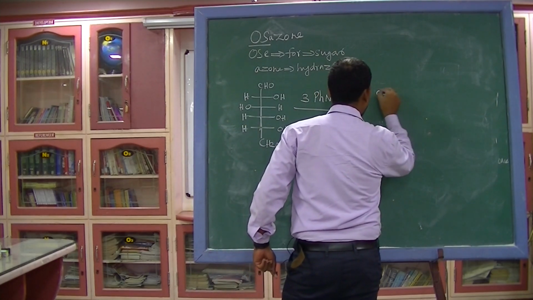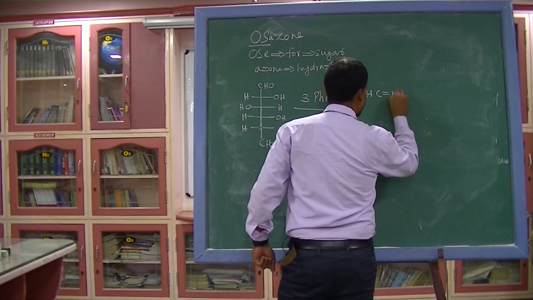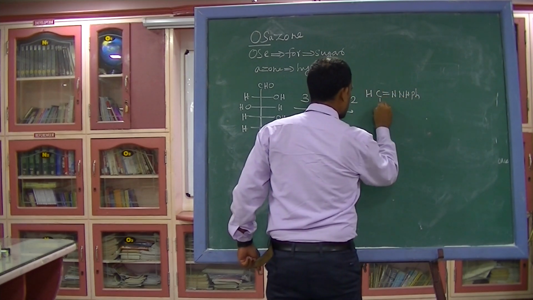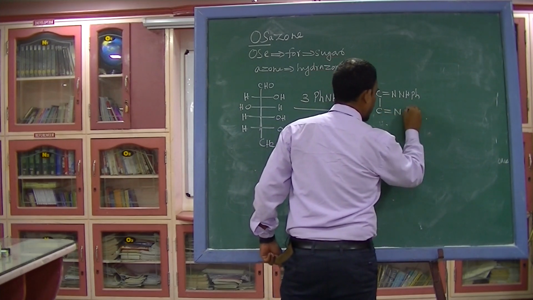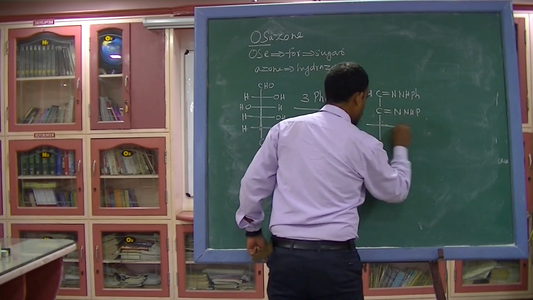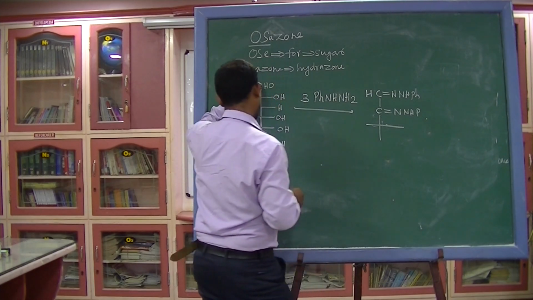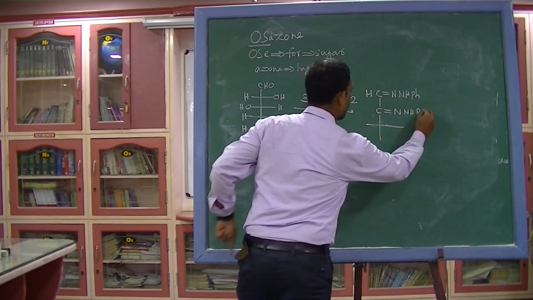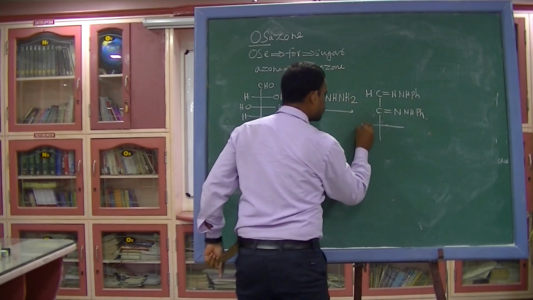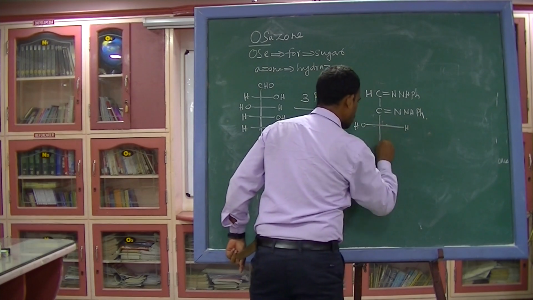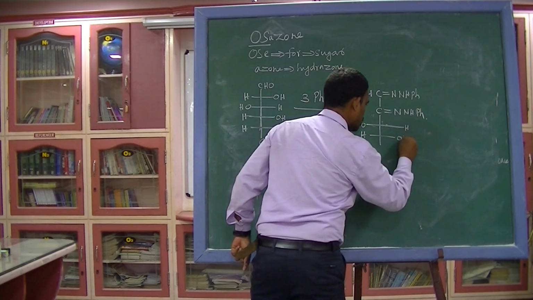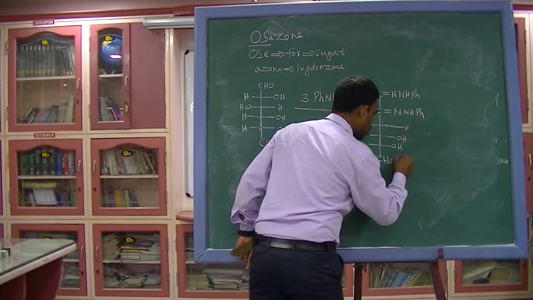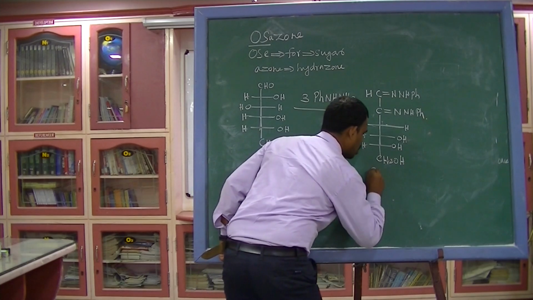So C double bond NHPh, C double bond NHPh. The two carbons react with phenylhydrazine and form imine. The remaining are OH and H, H and OH, and CH2OH.